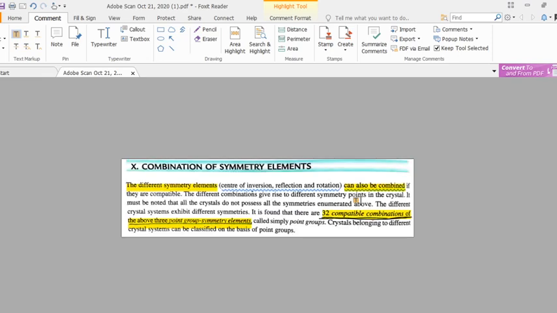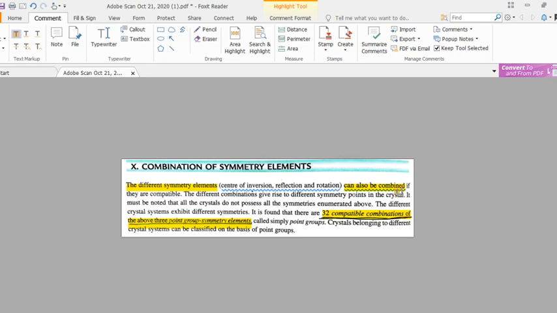Next, it is very interesting that there are 3 fundamental point group symmetries, that is the center of symmetry, then reflection symmetry, and then rotational symmetry. So the different symmetry elements like center of inversion, reflection and rotation can be combined.